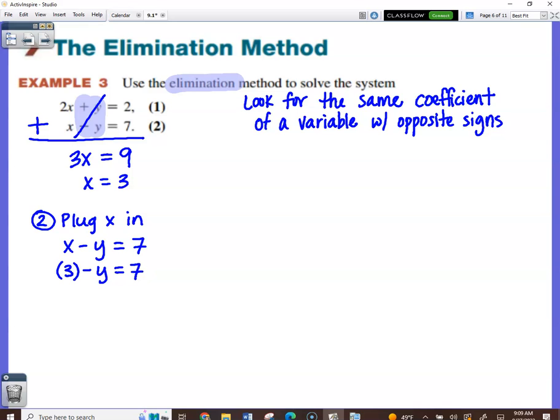That is a positive 3. I would subtract it. Then I would divide by the negative 1. So the solution is (3, -4).